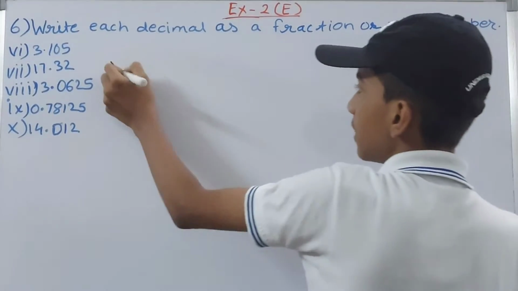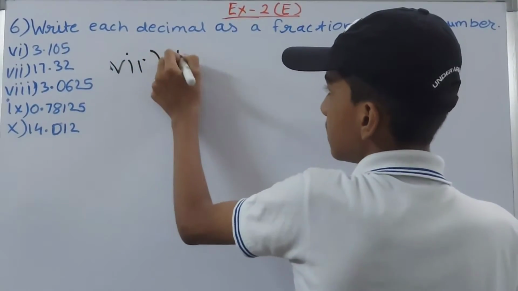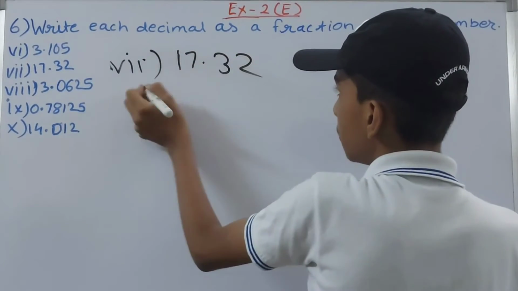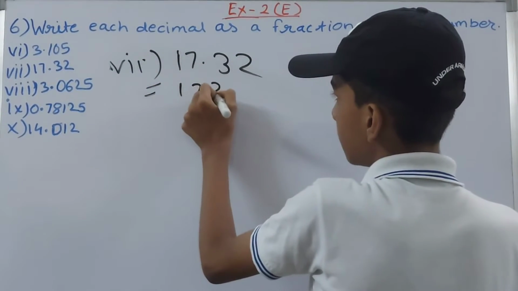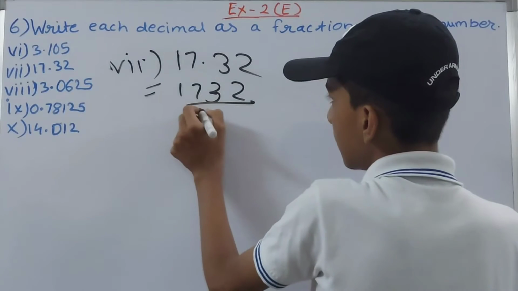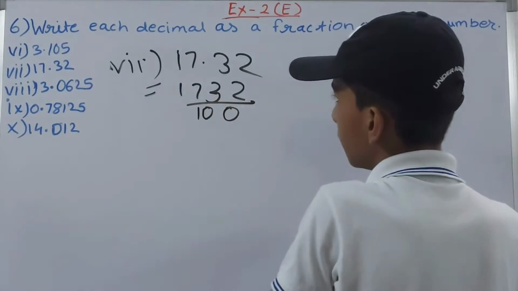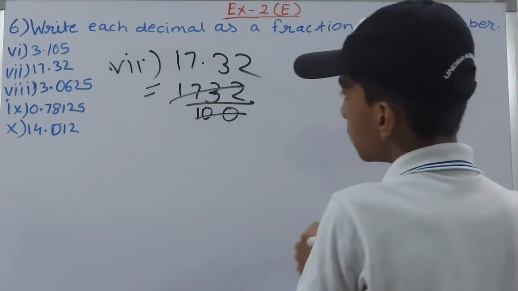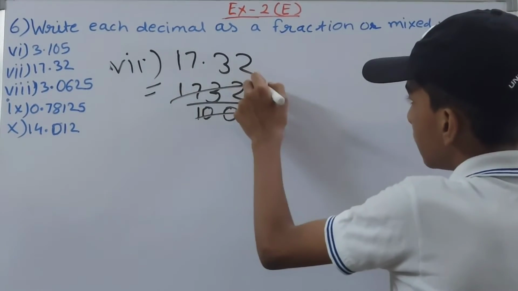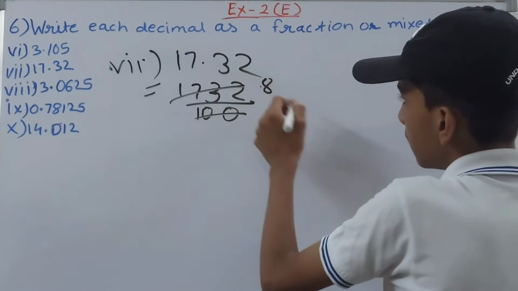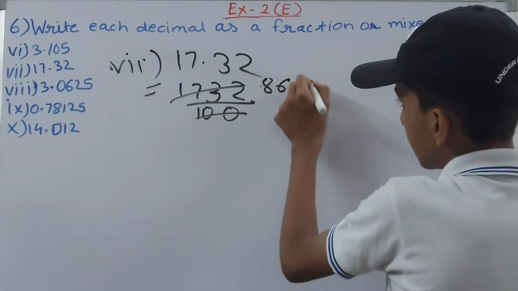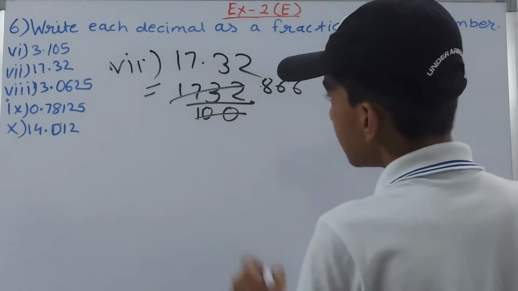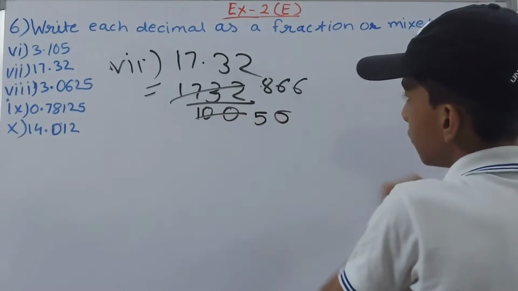Next we move on to the 7th part, which is 17.32. We write this as 1732 upon 100, because of 2 zeros. Now we see if it is divisible. It's divisible by 2, so let's cut it: we get 866 upon 50.